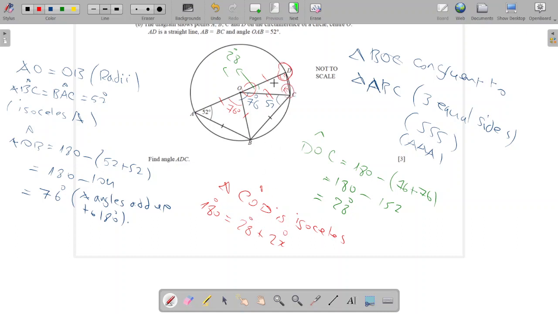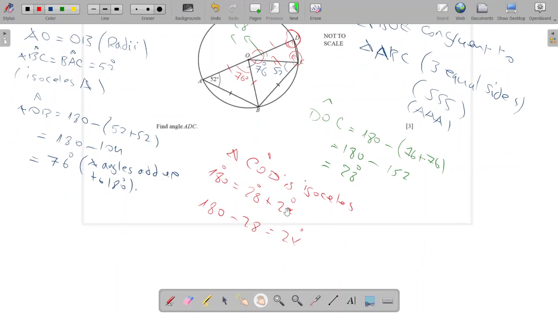So we rearrange the equation: 180 minus 28 is equal to 2x. It means that 2x is equal to 152.